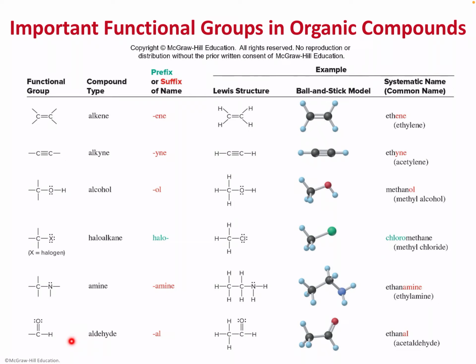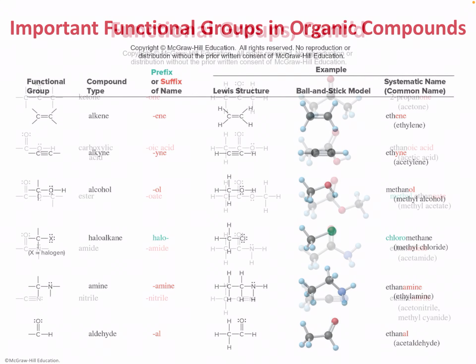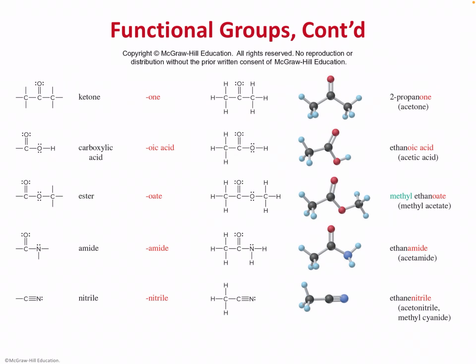An aldehyde functional group is a carbon double bonded to oxygen, and then you have a hydrogen. The suffix is al, and here's an example, ethanal or acetaldehyde. And then you can have a ketone.